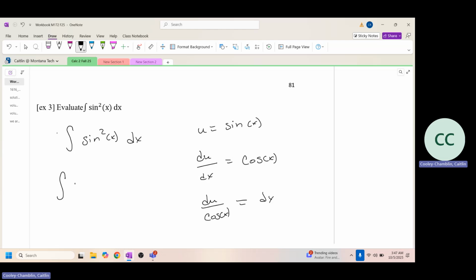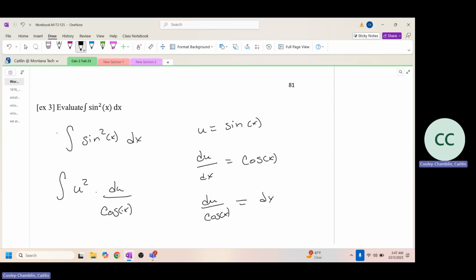So the integral of u squared times du over cosine of x. Well, notice I don't have anything to cancel out with. My cosine isn't even squared, so I can't even use that identity. I'm stuck.